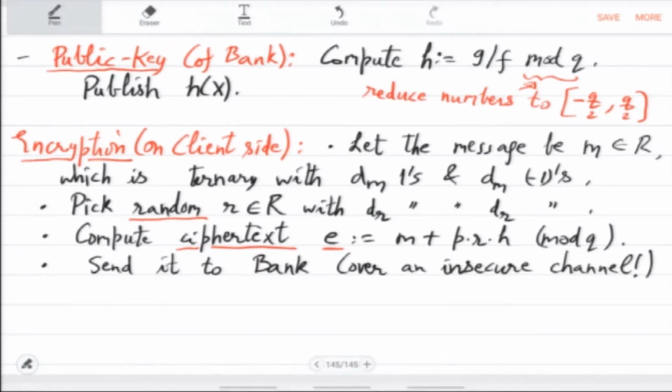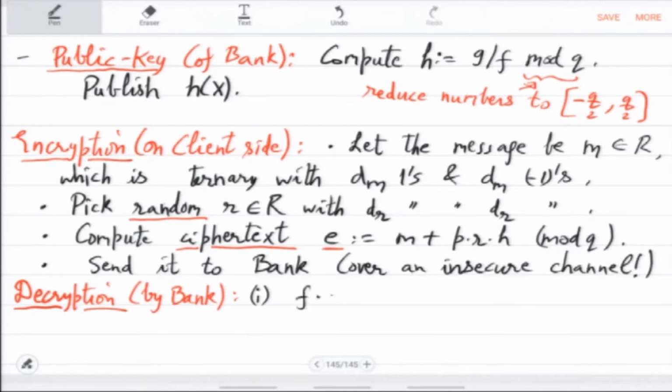Now, how will the bank find out m from e? So that is the part of decryption. The bank will use the following steps. The bank will multiply e with f, mod q.